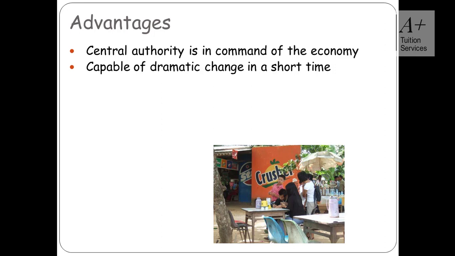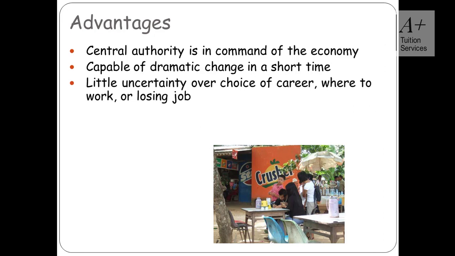Capable of dramatic change in a short time, because a centrally planned economy is under one authority. A change can happen at any time and it doesn't matter how big or how small, because there are no stakeholders attached to this economy, no private stakeholders that is. It's just simply the government and them alone.